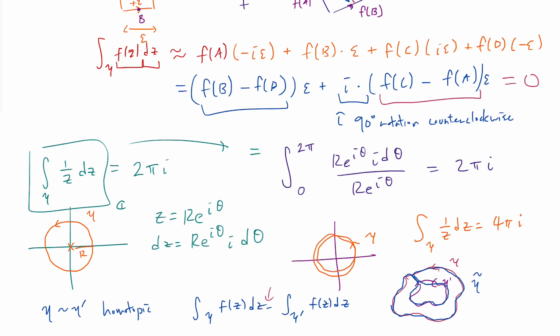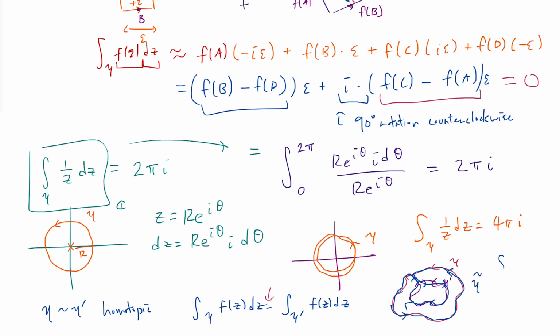I already forgot which way I was rotating, but let's say I was agreeing with gamma here, and then I rotated it in the opposite direction as gamma prime here, and then I continued on rotating like this. In this case, the integral of gamma tilde on this corridor, where I'm traversing it once in one direction and the other way in the other direction, will cancel out.